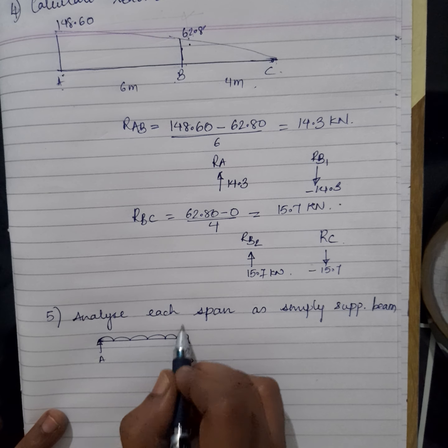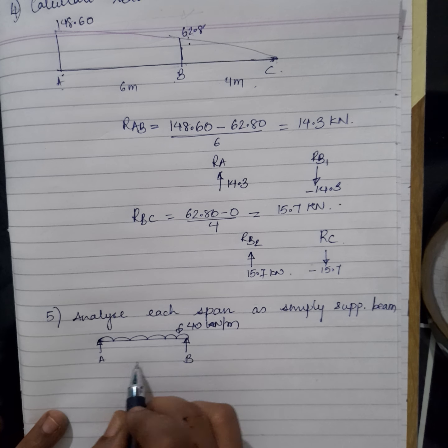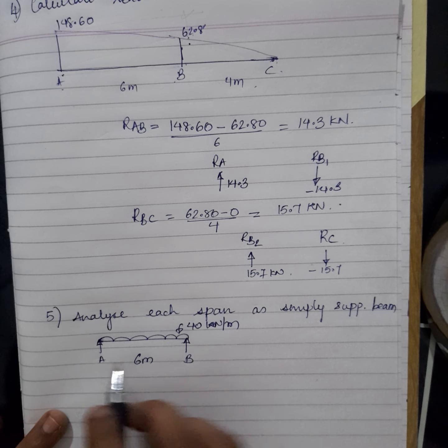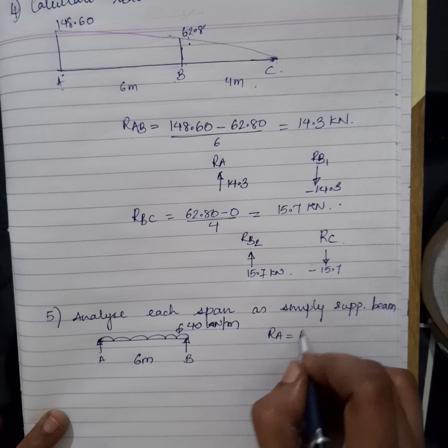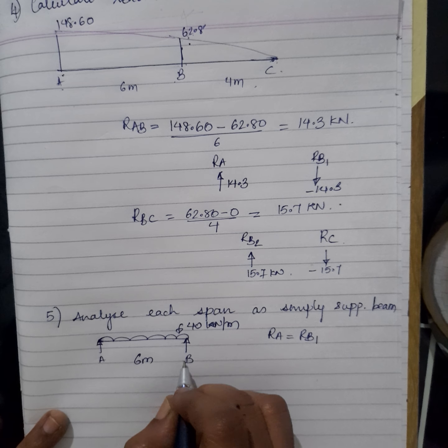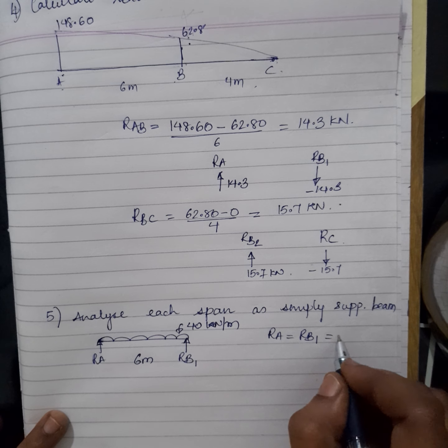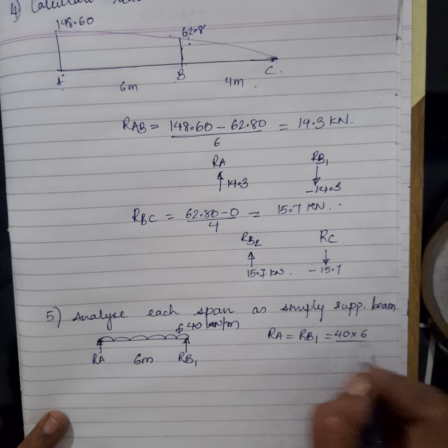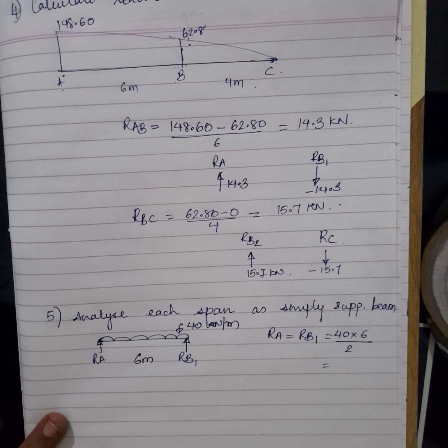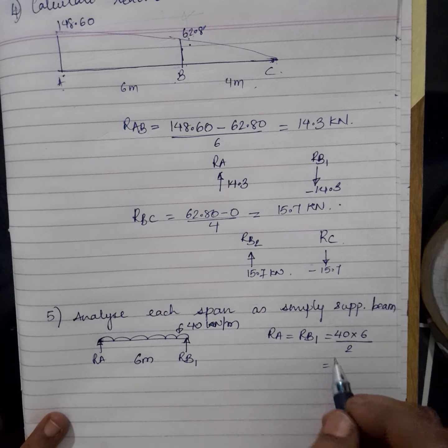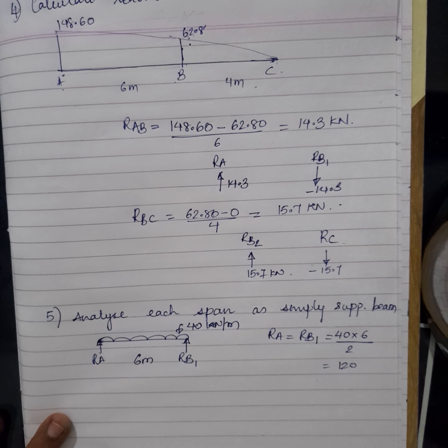This is 40 kilonewton per meter. This is 6 meter. So symmetrically loaded span, reaction at A is equal to reaction at B1. This will be RB1, this is RA. So this will be total load 40 into 6 divided by 2, 120 kilonewton.